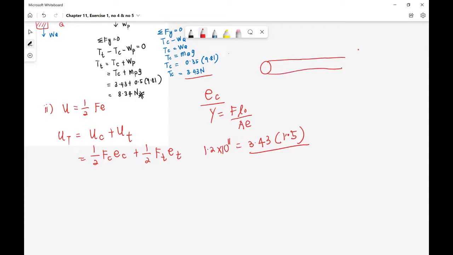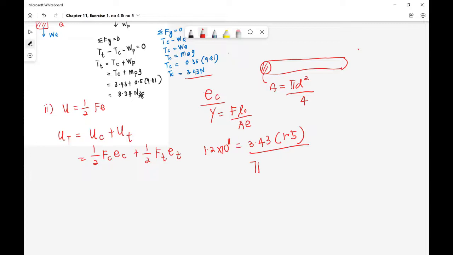Cross sectional area, okay, kita boleh cari daripada formula. Okay, area equals pi d squared over 4. Sebab dia bagi D, dia bagi diameter. Okay, jadi boleh substitute kat sini.